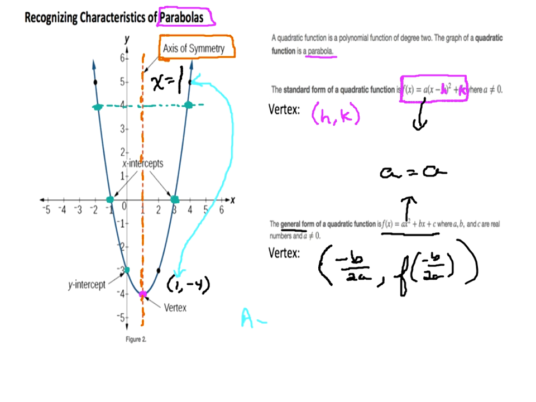So we can give the formula for the axis of symmetry as either x equals h if we have it in vertex form, or x equals -b over 2a if we have it given to us in general form.